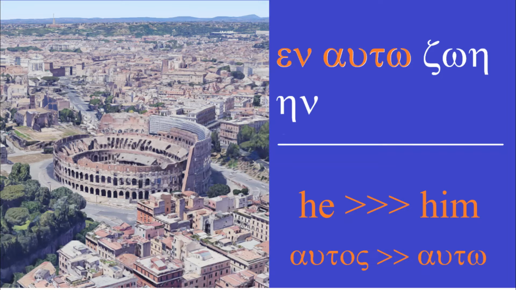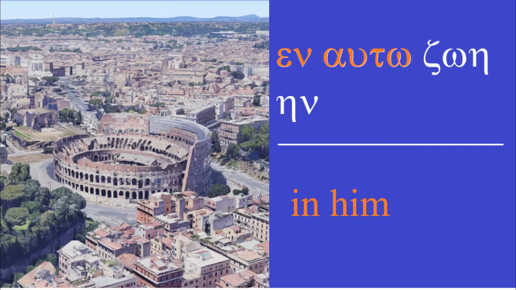Autos becomes autō. And just like us English speakers don't have to think, oh, I have to put this into a prepositional phrase, I need to switch to the dative case, the Greeks wouldn't think like this either. They just did it naturally because it was their native language. It was just done without thinking. So we start with the phrase "in him," en autō.